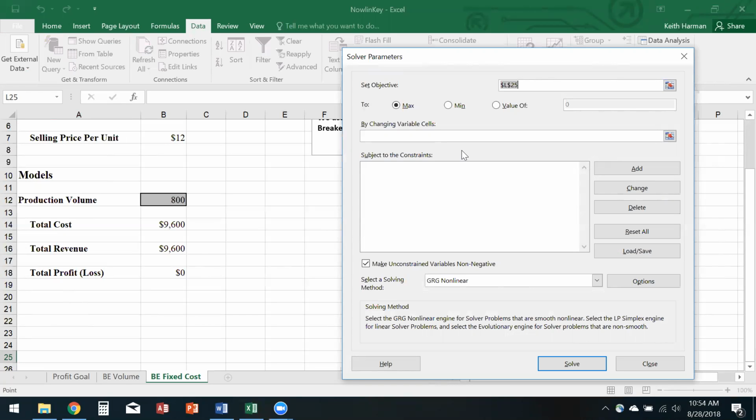Then we have the variable cells, and those are the variables that are impacting some operation that we're involved with. Then we have constraints, and then we have to come to grips with the question of, do these data look linear? Do they look nonlinear, or what?